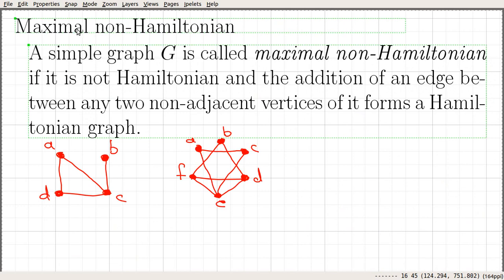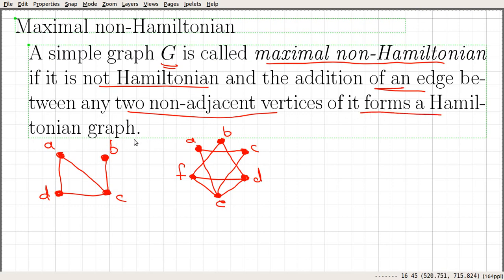So another important definition is what is called a maximal non-Hamiltonian graph. A simple graph G is called maximal non-Hamiltonian if it is not a Hamiltonian graph, and if you add one more edge between any two non-adjacent vertices, then immediately that graph forms a Hamiltonian graph.